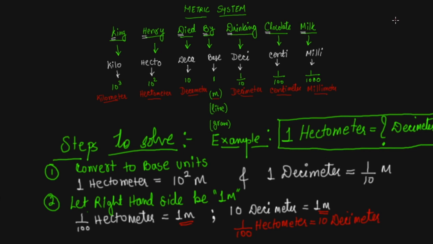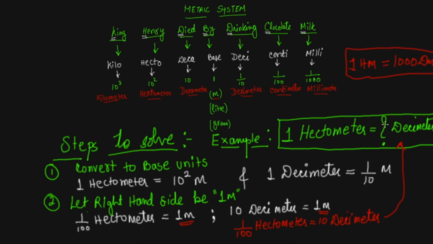Now with that logic, what I get is 1 hectometer will be equal to, I move this 100 to this side, and that becomes 1000 decimeter.